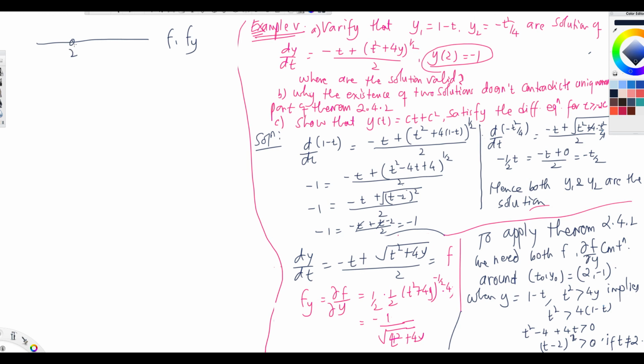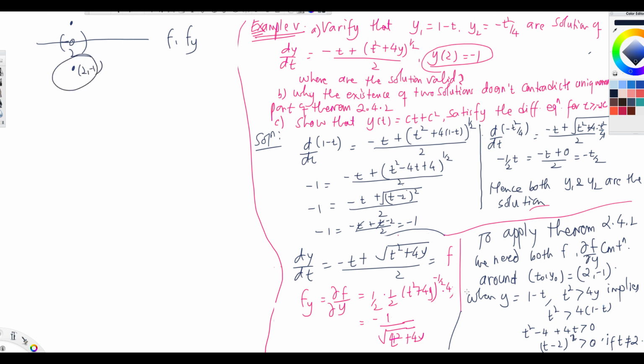The initial condition says y at 2 equals -1. So theorem 2.4.2 says that both f and del f over del y must be continuous around the point (2, -1). But it is not continuous there, because it should be continuous around the initial point. Let's say this is (2, -1), so it should be continuous around that point.